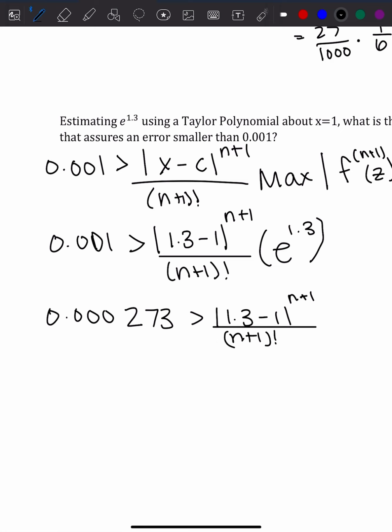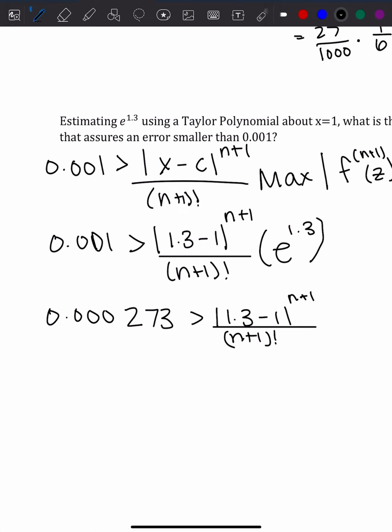From here, we're going to be using guess and check to decide what values make the most sense. We don't normally use guess and check very often, but we're going to use it here. The reason is that the n factorial piece makes it really hard to come up with an algebraic way to solve for it.